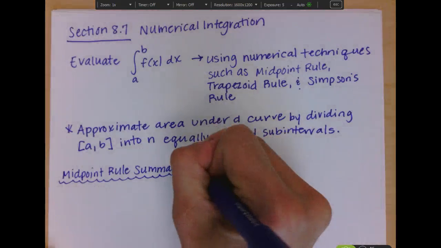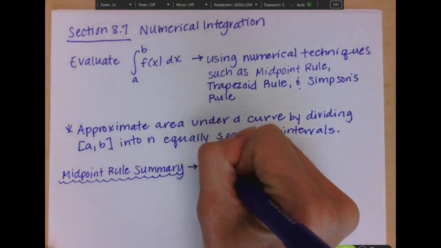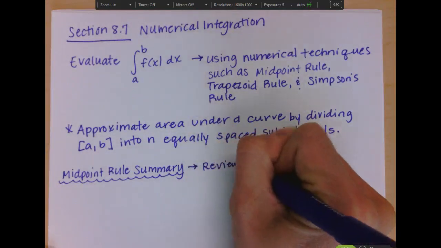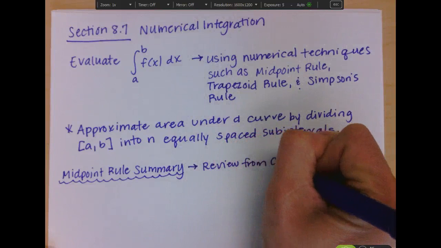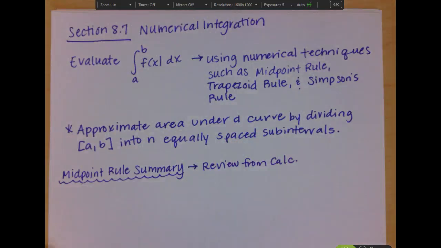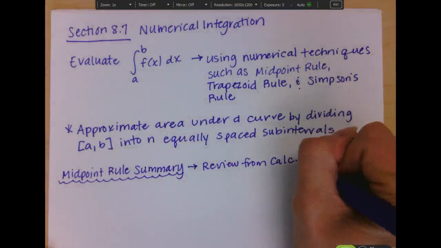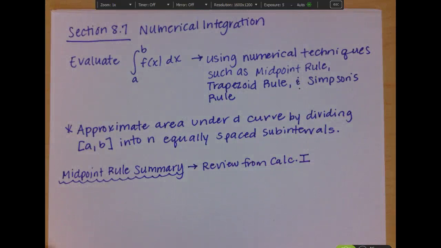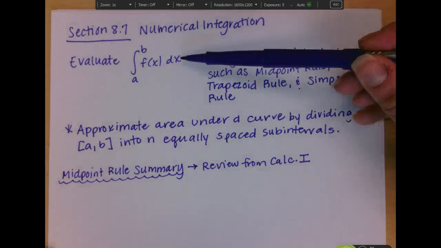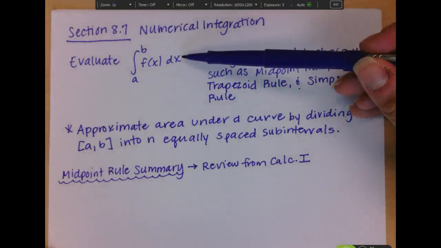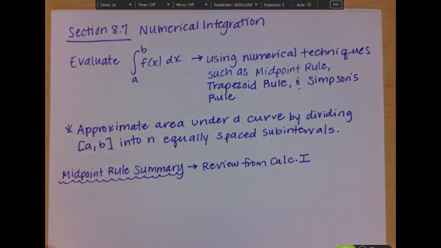The midpoint, just so you know, is something that we've already done in Calc 1. We'll do it again. Doesn't hurt to do it again. But before we ever introduced any analytical techniques to evaluate integrals, we actually looked at using Riemann sums to show you how to find the area under a curve.